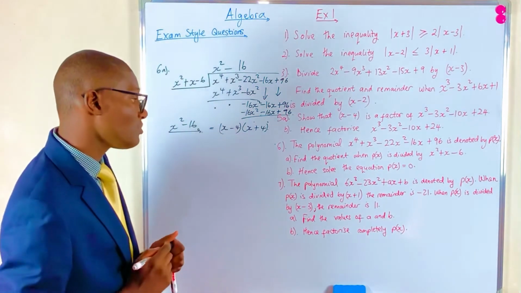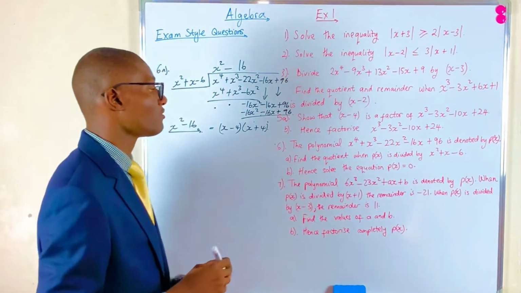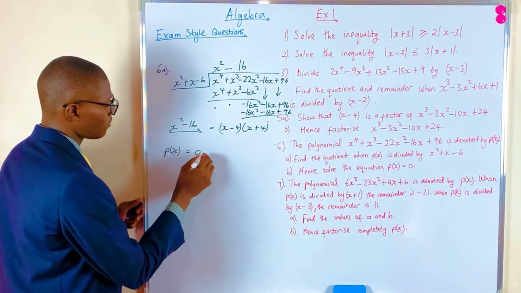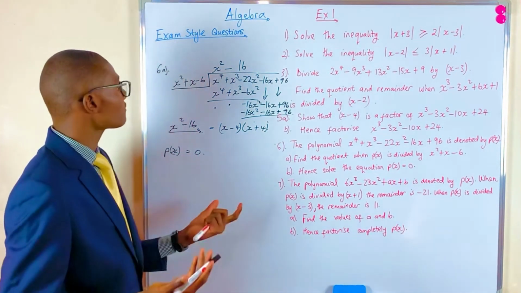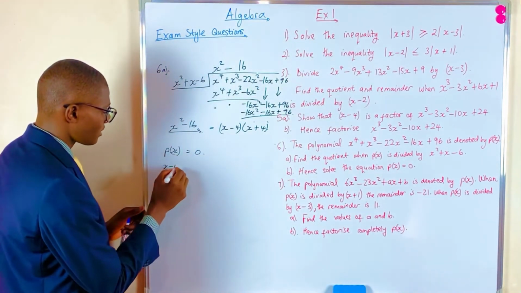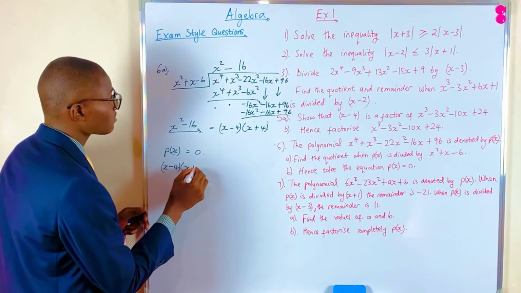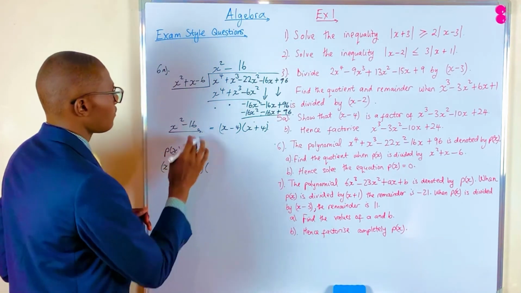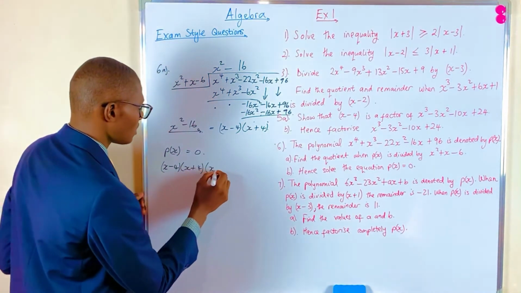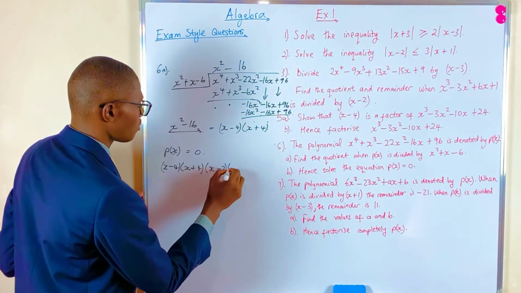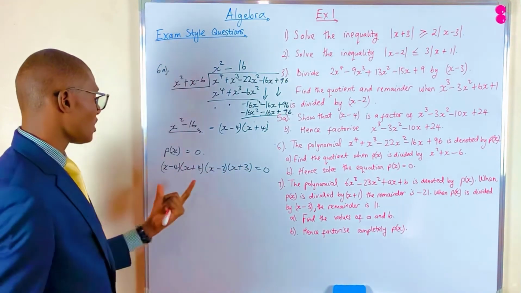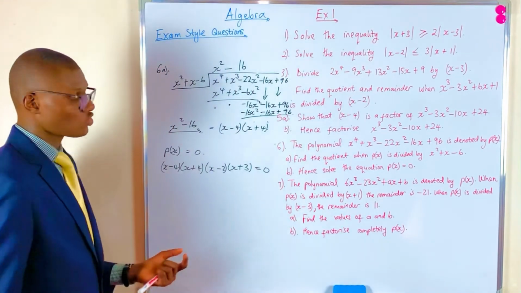Right, and then 6b says, let's solve the equation p of x is equal to 0. So now if p of x is equal to 0, and after us knowing that if we factorize p of x, we get x minus 4, x plus 4, and then we get this as well, x squared plus x minus 6, which you can write as x minus 2, x plus 3, to give us a 0. Then we simply equate each of these to 0.